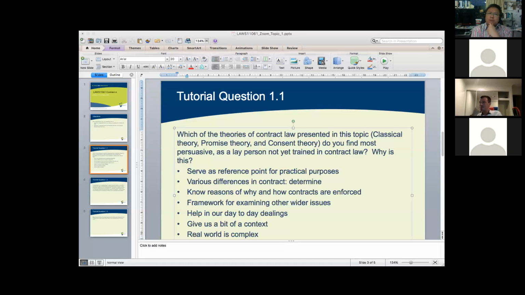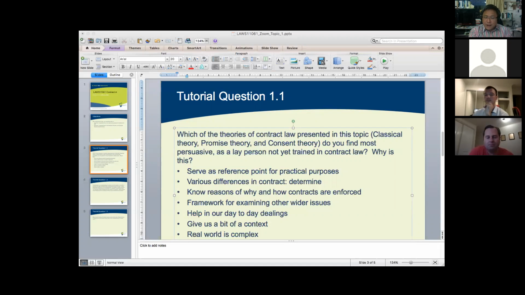What is the problem with promise theory, though? If you examine case law, you will see that a common thread in many of these judicial decisions is the effort on the part of the courts to make sure that people to a contract comply with their promises. It is the task of the courts to ensure the enforcement of promises that have been freely entered into.